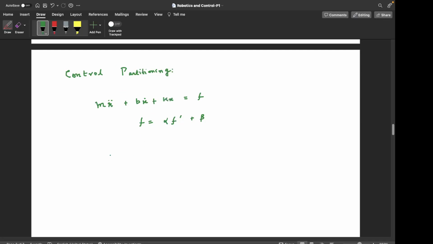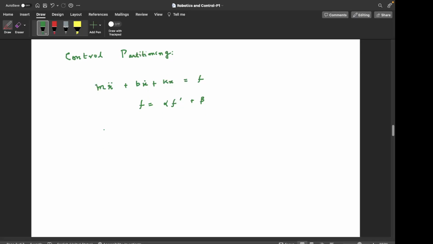So we will choose alpha is equal to m and beta is equal to bx dot plus kx.